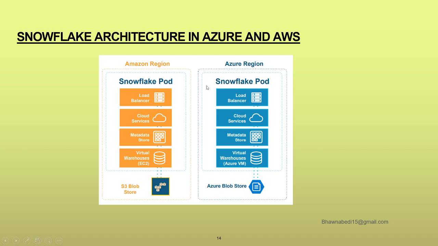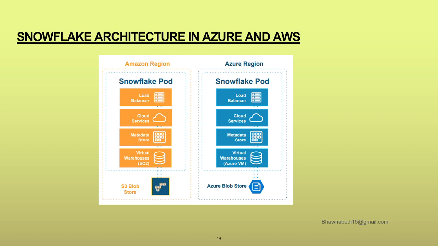Let's say you have your Snowflake set up here. Whenever you are trying to do any query, a load balancer is associated, so your query is very much load balanced.